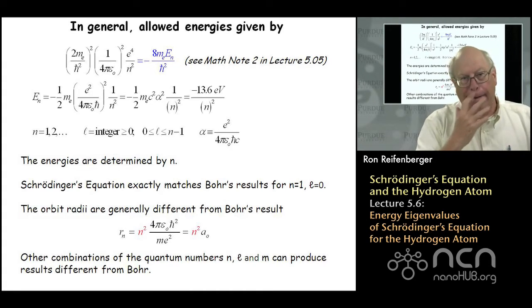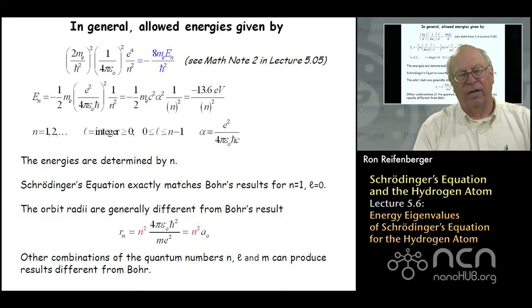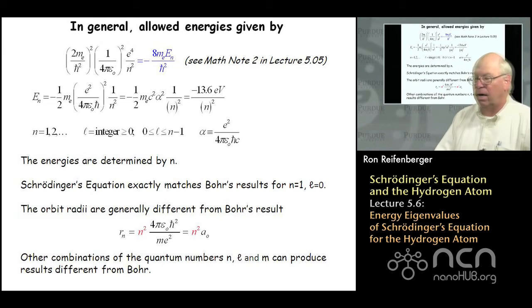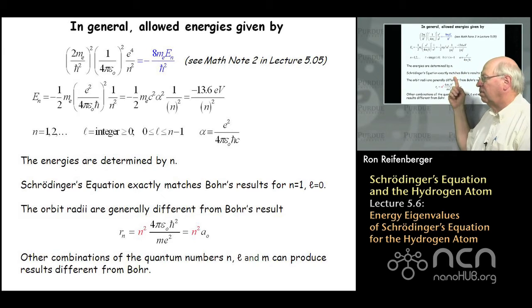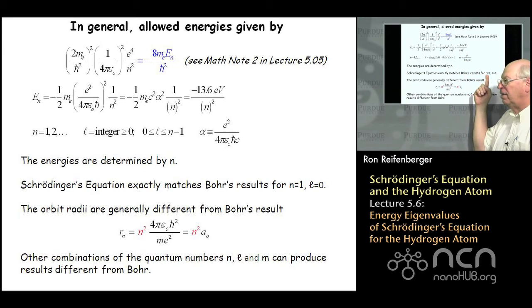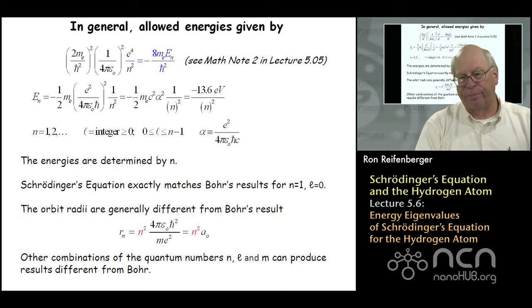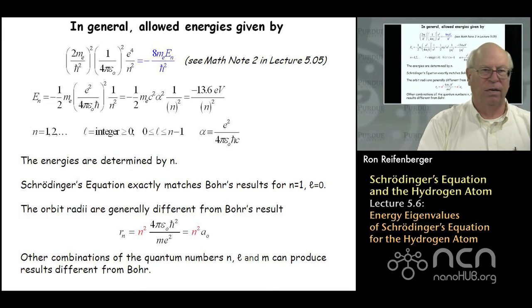So what I'll say is that Schrödinger's equation precisely matches Bohr's theory only for one case, and that's when the quantum number n is equal to 1 and the quantum number script L is equal to 0. In general, for any other values of quantum numbers, there are going to be subtle differences between Schrödinger's and Bohr's theory.